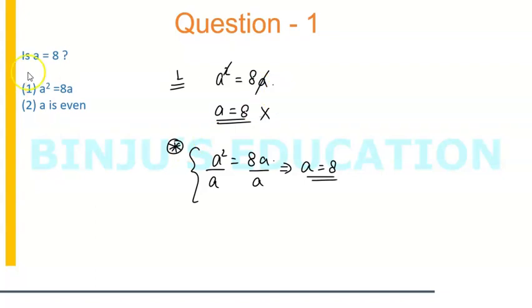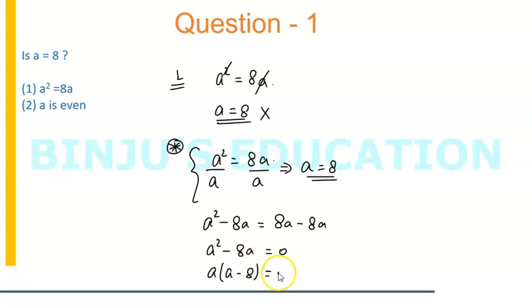So what we will do is subtract 8A on both sides. This becomes A square minus 8A is equal to 0, so A into A minus 8 is equal to 0, which gives us A is equal to 0 or A is equal to 8.